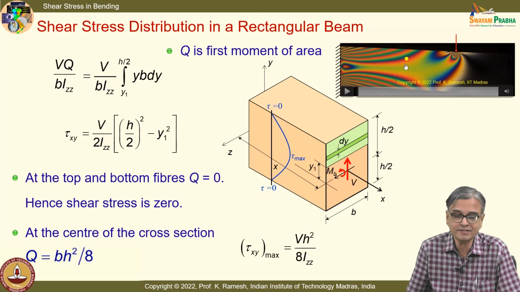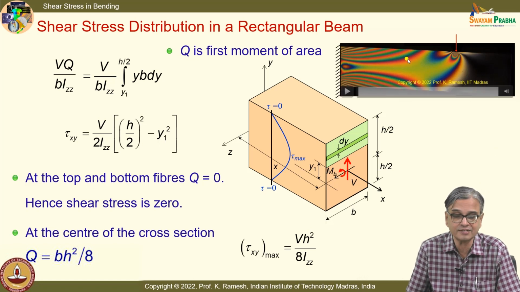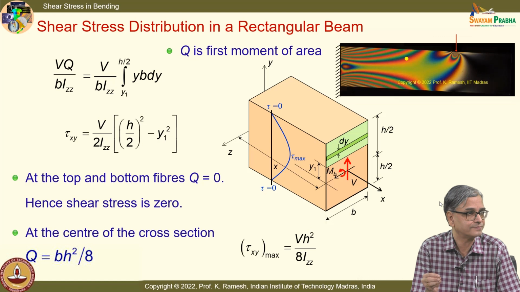Can you tell me what is the state of stress at a point like this? Because the beam is transmitting both shear force as well as bending moment. What is the state of stress at this point? What are the stress components? See, the flexure formula gives you bending stress, and then we have evaluated even shear stress.